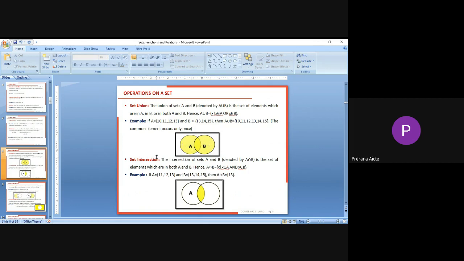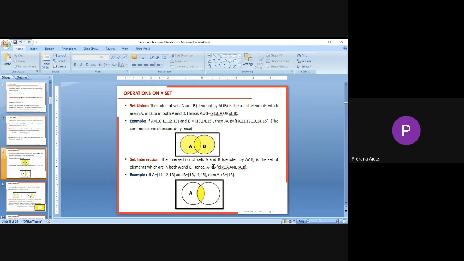Next, set intersection. The intersection of set A and set B is the set of elements which are in both A and B. If both the sets have some common elements, then those common elements will be represented in the set intersection.